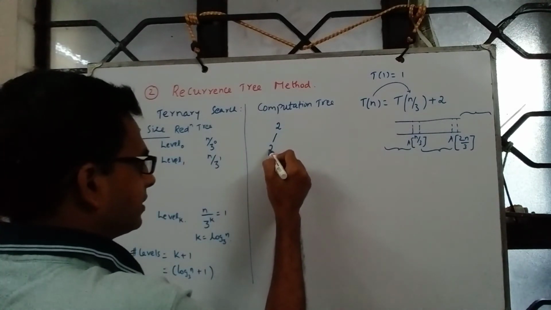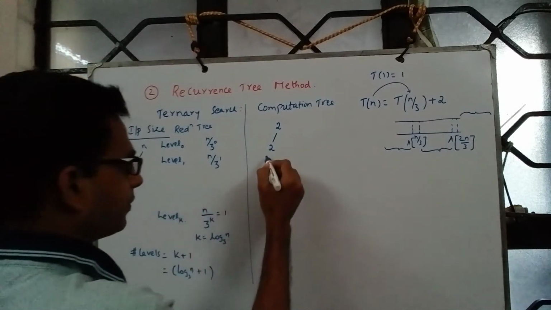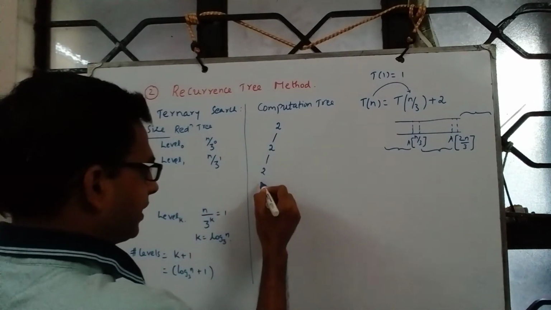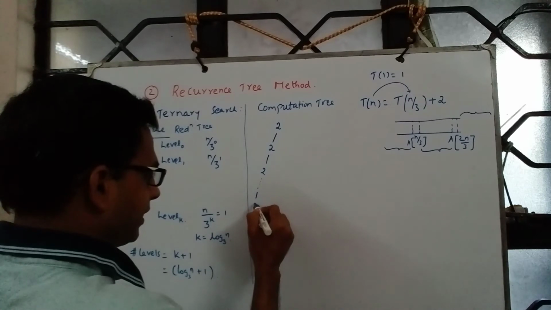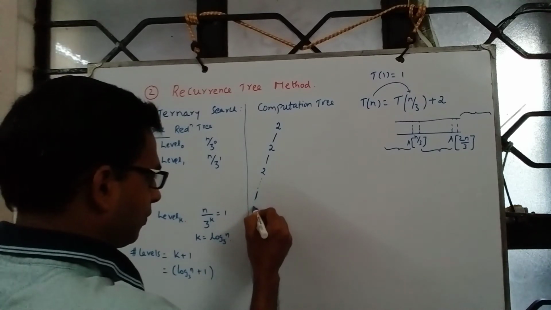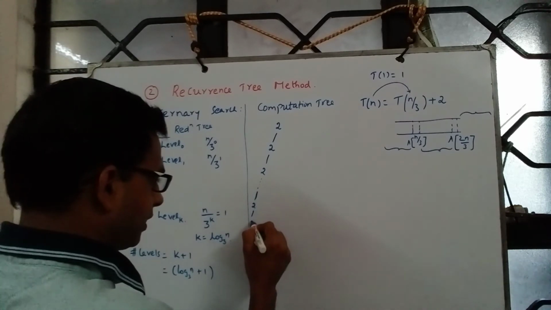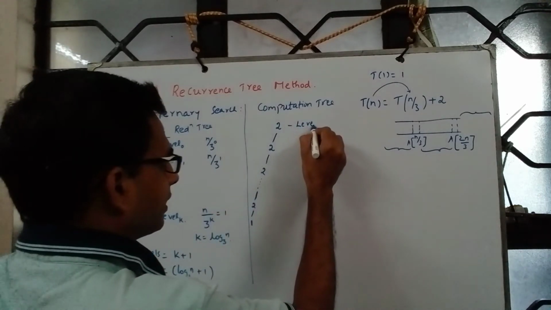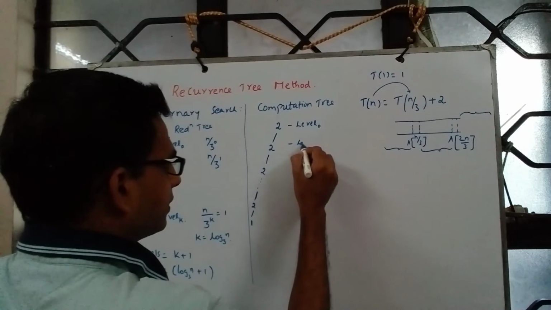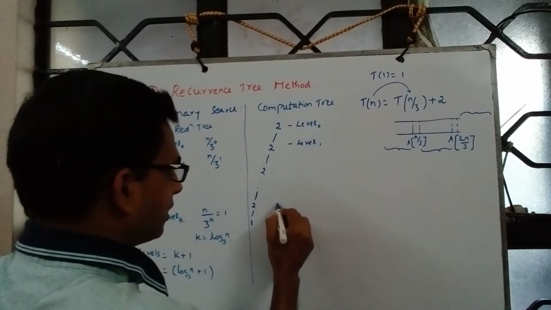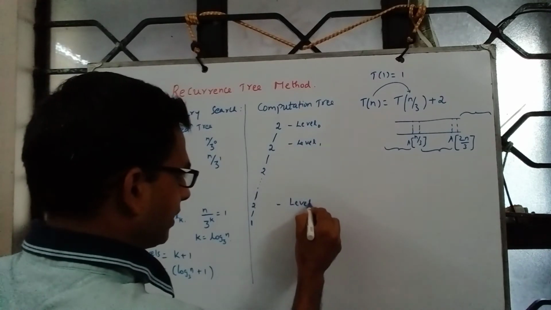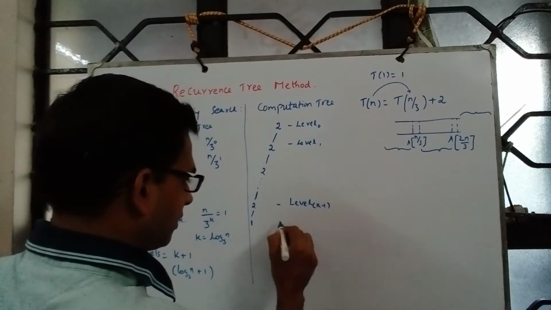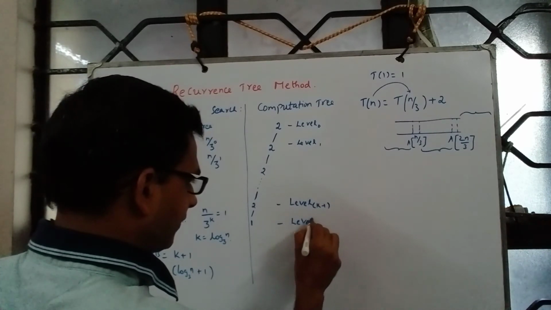Then when problem size is n by 3, we incur 2. When problem size is n by 9, we incur 2. When it reaches 1, we incur only one comparison. So this is at level 0, this is at level 1, this is at level k minus 1, this is at level k.